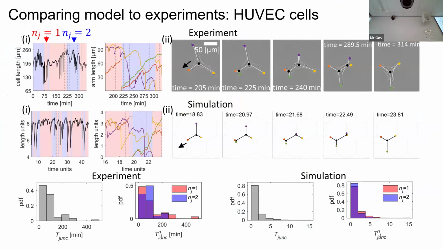Unfortunately, at the level of the experiments that we have today, there are very short trajectories. So all we could do is just compare this very short time dynamics of the length. So this is the experiment. So the total cell length you see also oscillates. This is the simulation. And now you plot the lengths of different arms, which you color by the many colors that appear here.